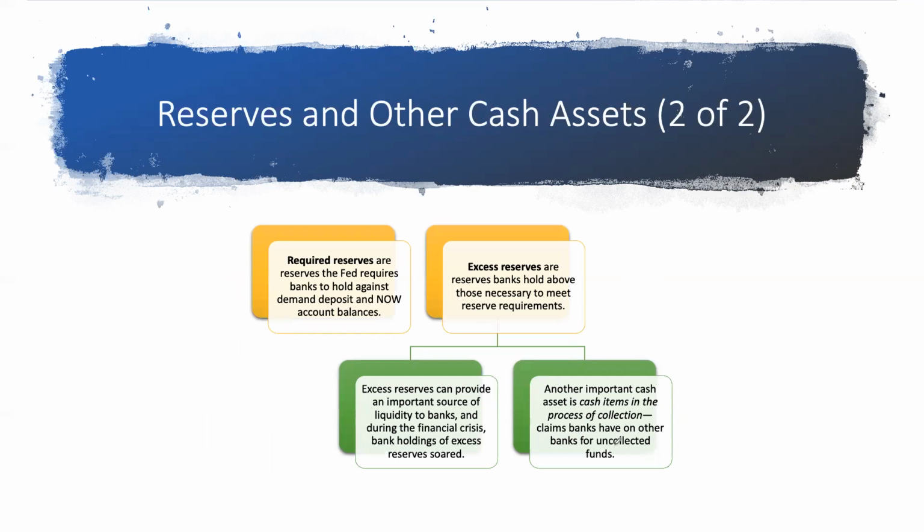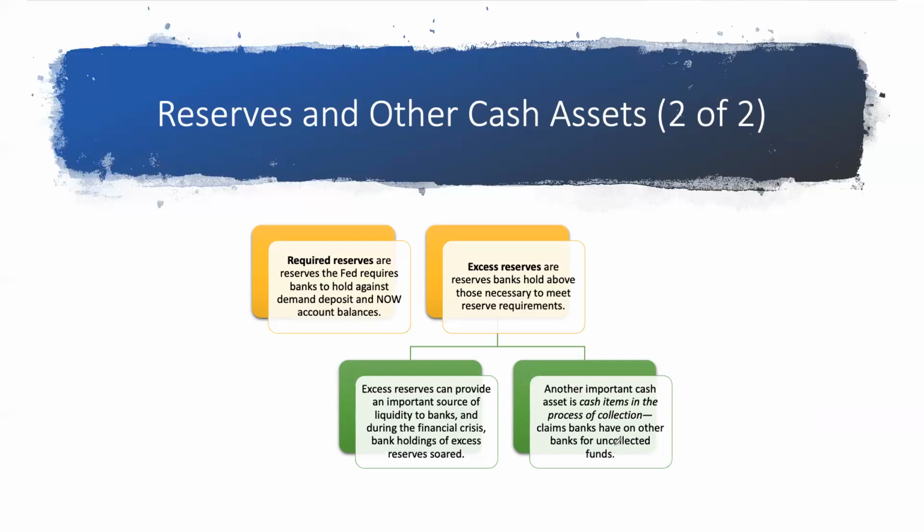And when we talk about reserves, we've already discussed that the Federal Reserve mandates that the bank holds a portion of its assets in the form of reserves. So based on the size of the demand deposits and the negotiable order of withdrawal deposits, the checking accounts, depending on the size of those accounts that the bank has, the Federal Reserve will mandate that it hold a particular percentage of those assets in the form of reserves.